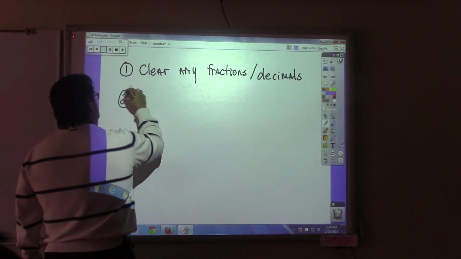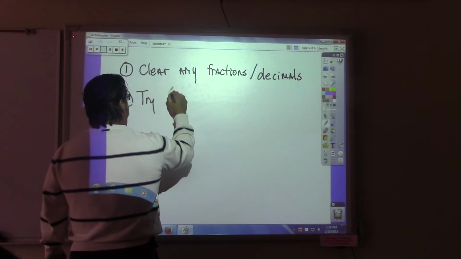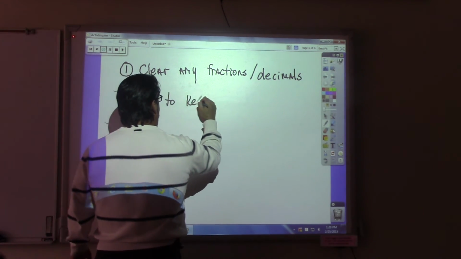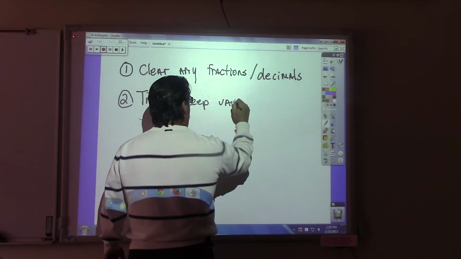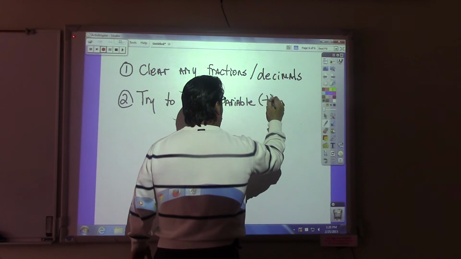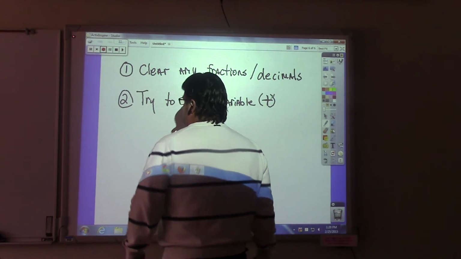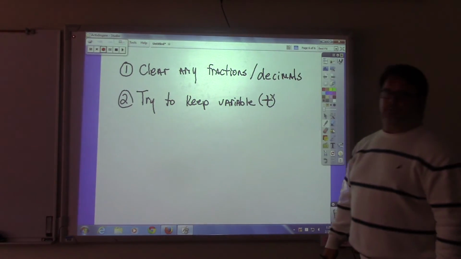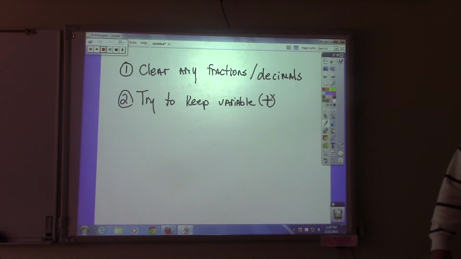2. Try to keep the variable positive. Now, there are 2 or 3 problems where you can't do it, and I'm going to show you how to do it with a negative variable.